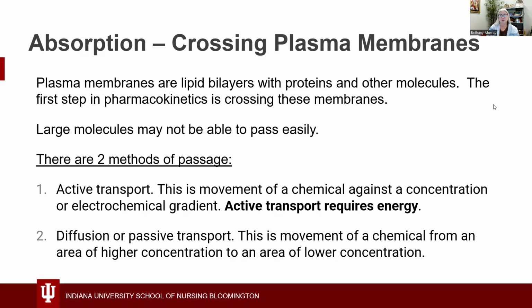There are two means by which drugs can be passed through these lipid barriers. One is active transport, where the product or chemical has to move against a concentration gradient, or some kind of effort is involved. Protein-bound molecules are an example of active transport, where the medication is pulled through the membrane in combination with a protein molecule that it binds to, and that allows the medication to be absorbed more readily.